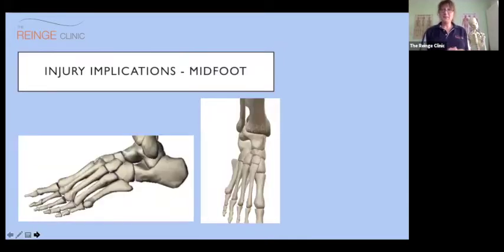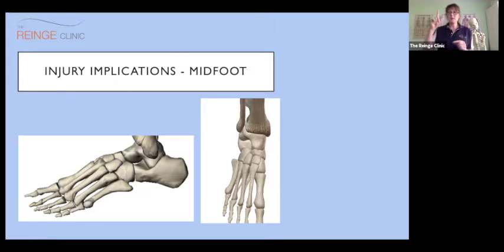Let's take a look at the midfoot. The lovely midfoot, all designed to dissipate forces. So now, instead of our heel strike, we now have one, two, three, four, five. Let me put them over here, it's easy to see. One, two, three, four, five, six, seven, eight, nine, ten, eleven, twelve, thirteen joints. And we haven't even left the foot yet.